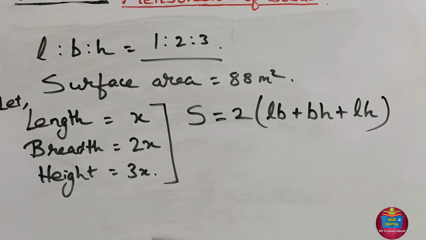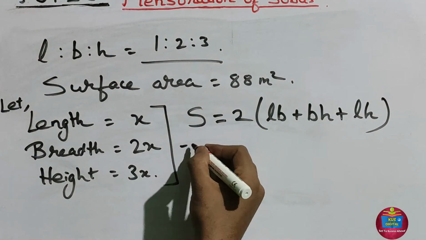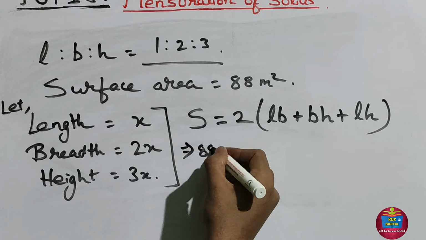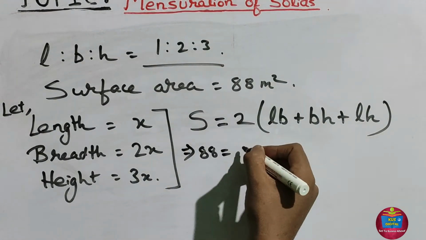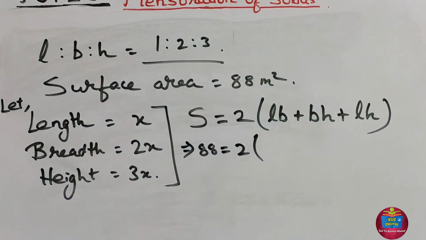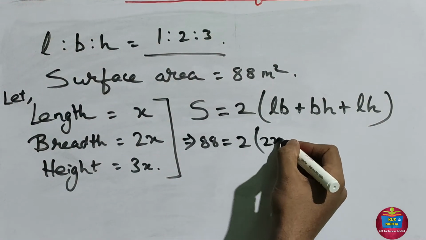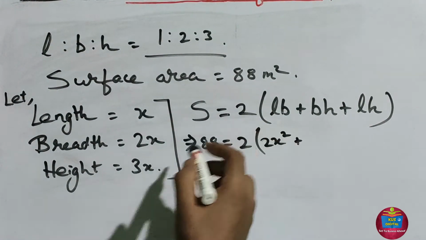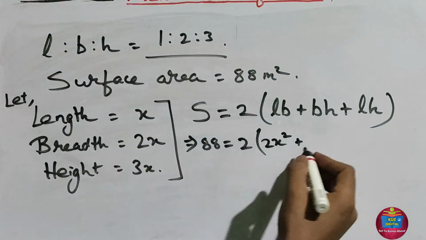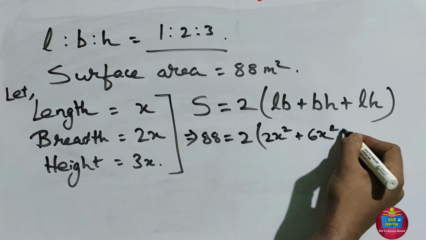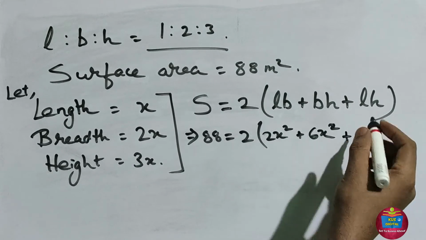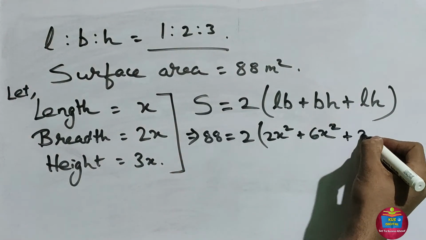So that's the formula. So now 88 equals to 2 into length is x, breadth is 2x, so 2x square, plus breadth into height, that means 6x square, plus length into height, that means 3x square.